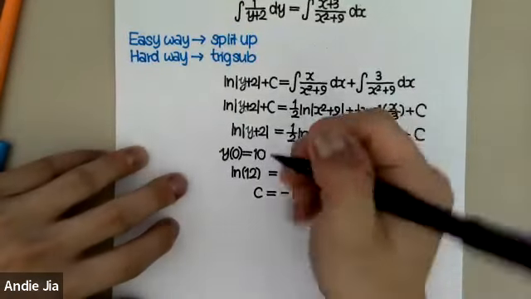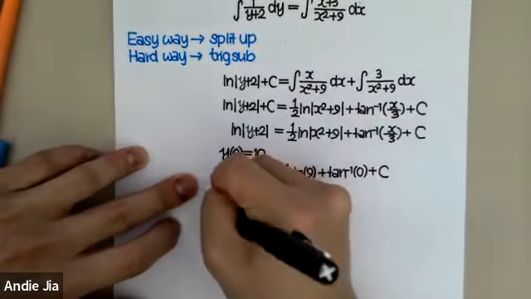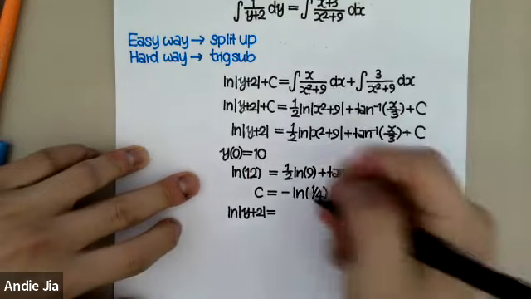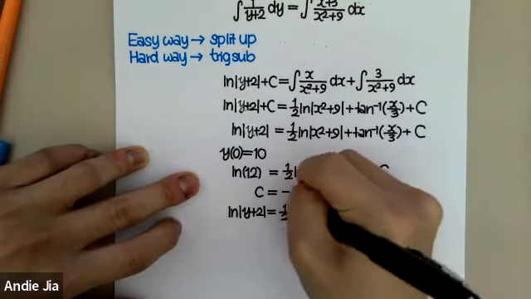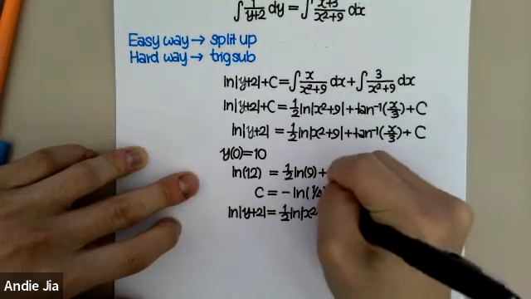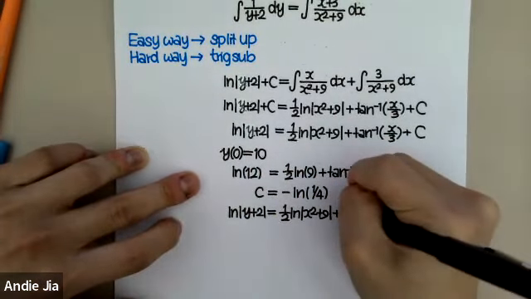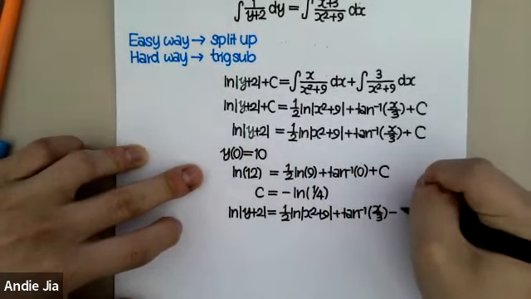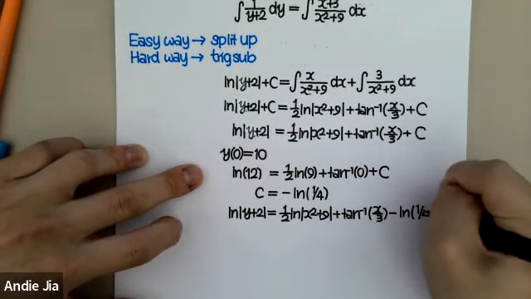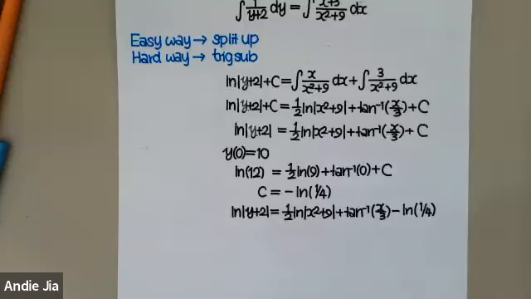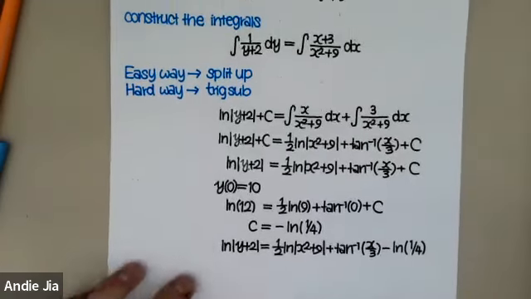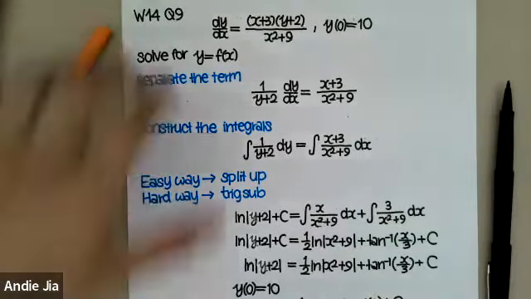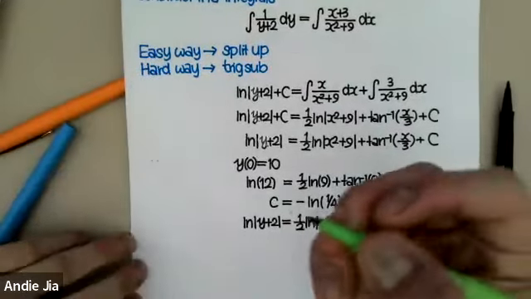So we put it all together, it's going to be natural log of the absolute value of y plus 2. It's going to be 1/2 of natural log of x squared plus 9 plus inverse tangent of x over 3 minus natural log of 1/4. Now you want to solve for y. This will be natural log.